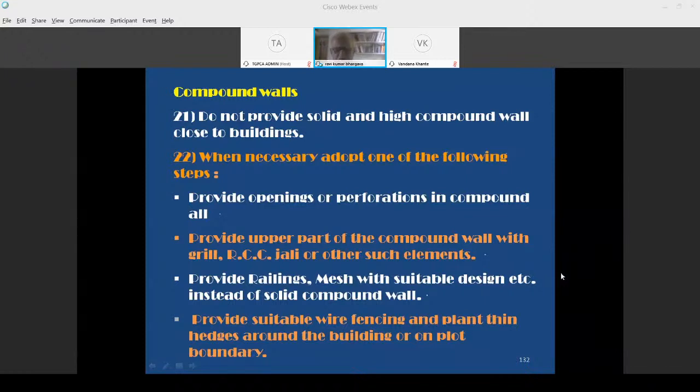Then, friends, I prefer and recommend providing suitable wire fencing and planting thin hedges around the building or on the plot. Because of the presence of barbed wire, this will provide security also. And with the green element, whatever advantages we have, you are already aware of. And this won't block normal ventilation and airflow totally.